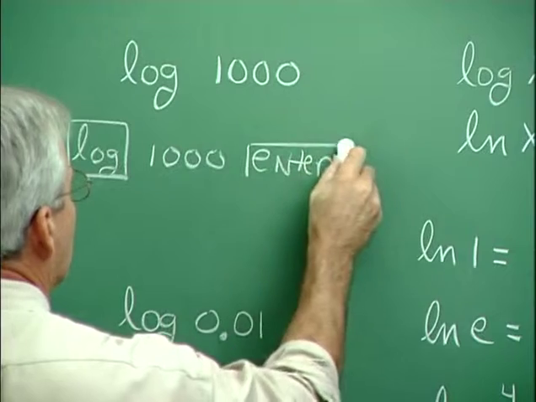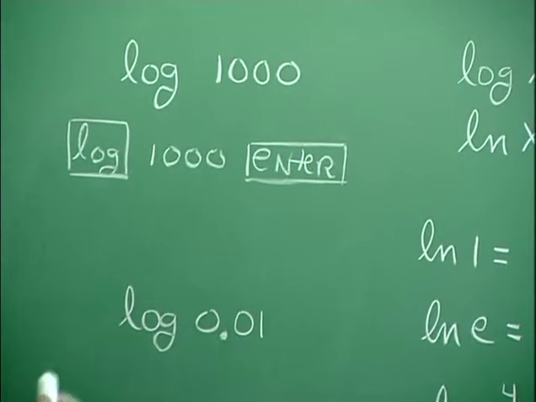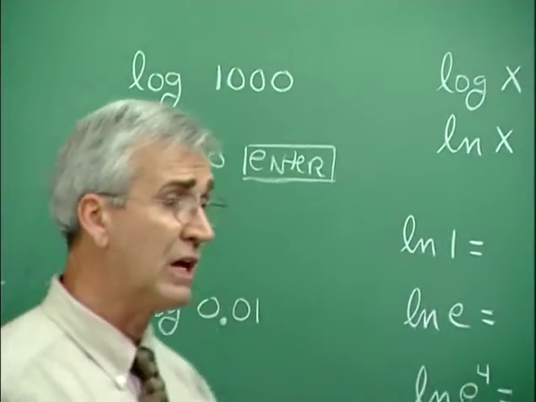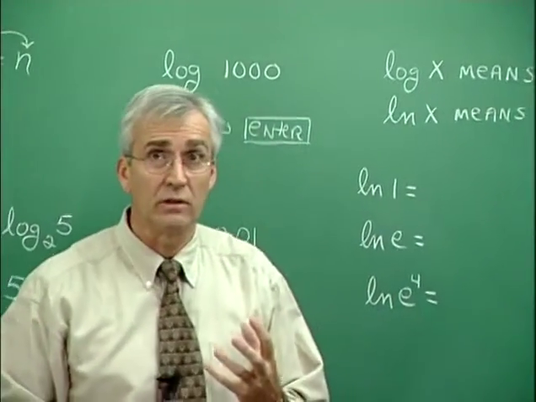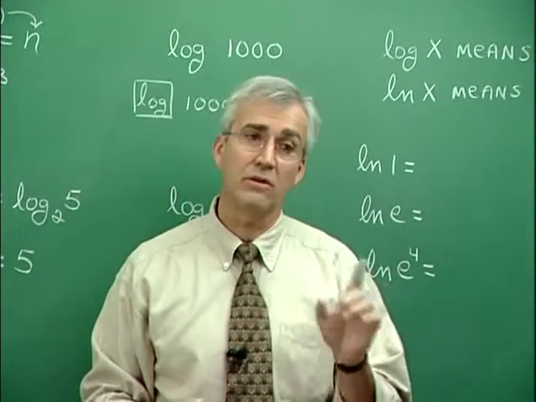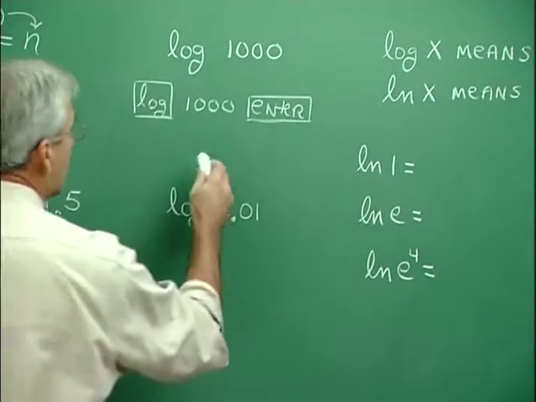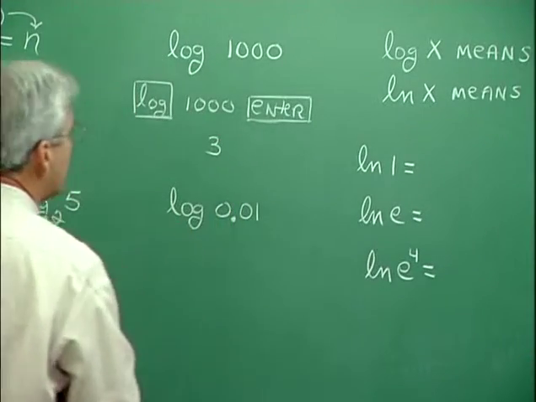That's what you do on graphing calculators. On scientific calculators, logarithm is one of those immediate response functions. You don't even have to press enter for it, but you press the 1,000 first and then you press the log button and it'll give you the log of 1,000. At any rate, what should come out of this is the number 3.